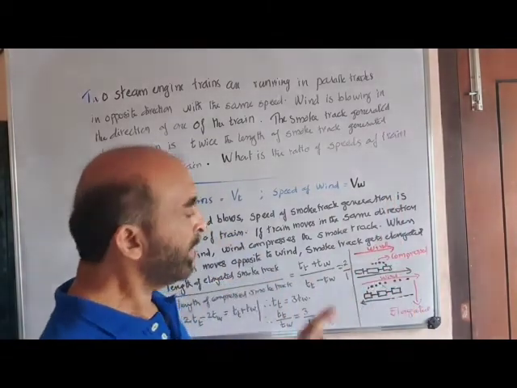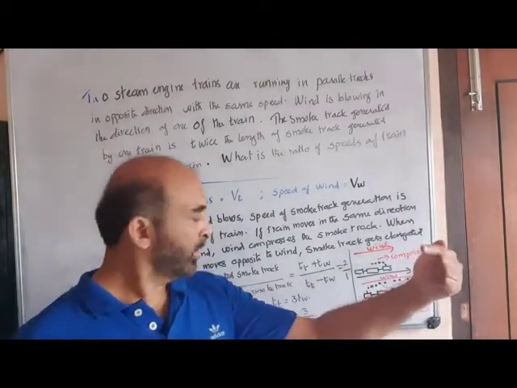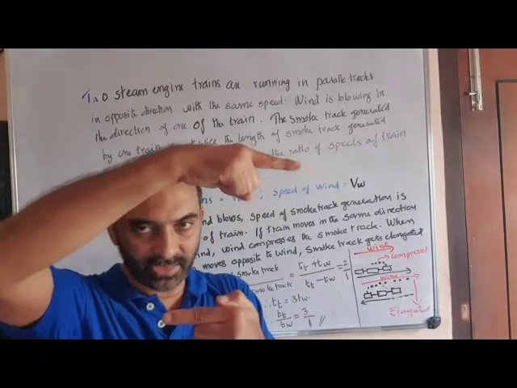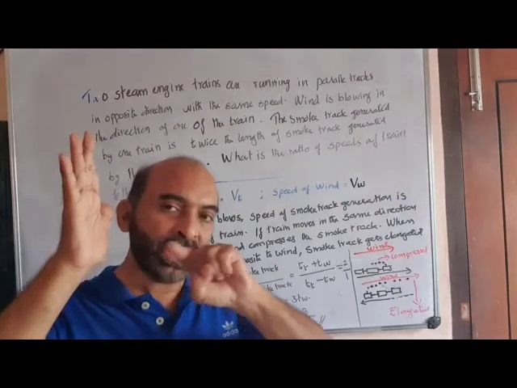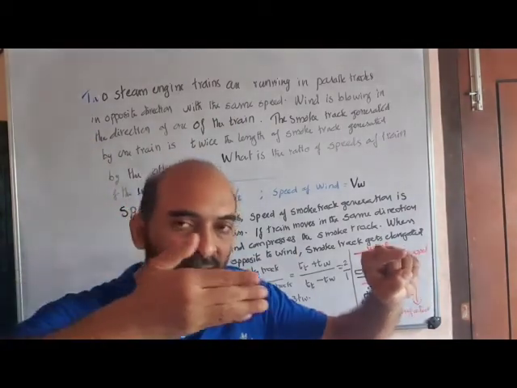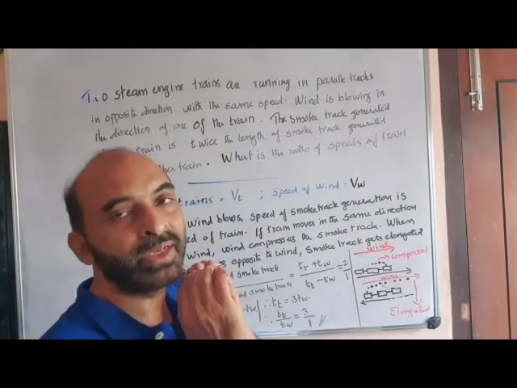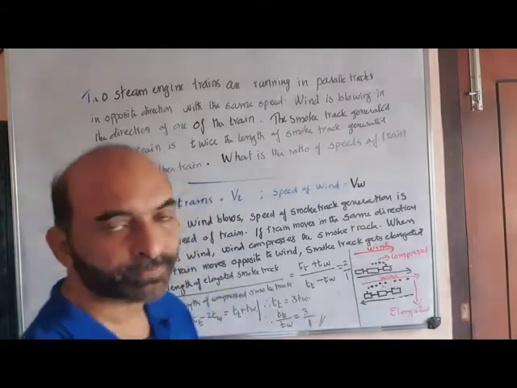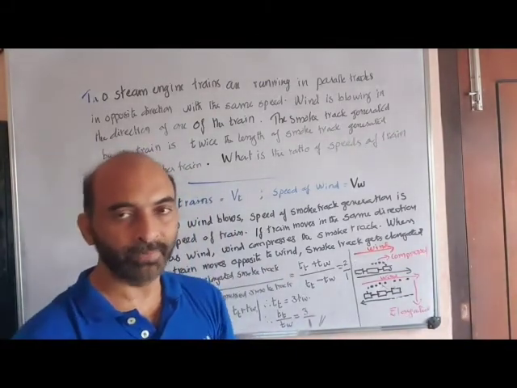Again, the other train. Train is running like this, wind is blowing like this. Smoke track is generated like this. So what happens? Smoke track and wind are in the same direction, so the wind will elongate the smoke track. Keep that in mind.